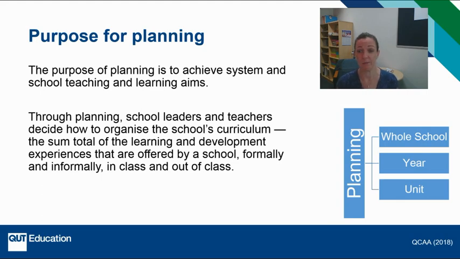Curriculum and assessment planning within schools occurs at 3 levels: whole school, year and unit planning. Depending on the schools in which you work, typically you will find whole school planning, which shows a sequence of learning, outlines the teaching and learning and the support systems that are available, and includes the school vision, beliefs and context.